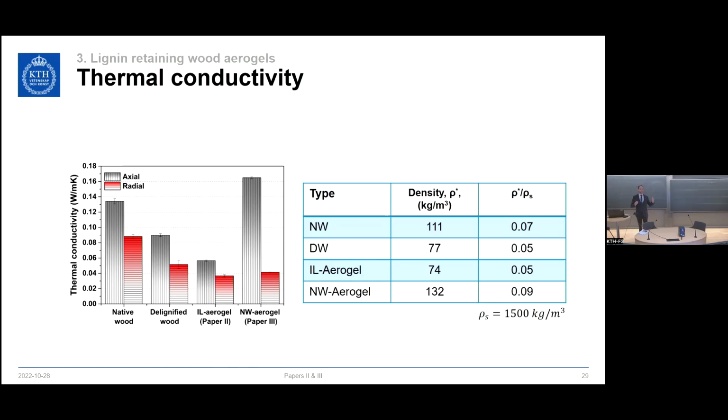As you can see that the density is fairly similar in both cases. This means that it's the structure change that we have enforced on the material that is leading to this lower thermal conductivity. We also see that the native wood aerogel obtains a lower thermal conductivity in the radial direction, but obtains a penalty in the axial direction.